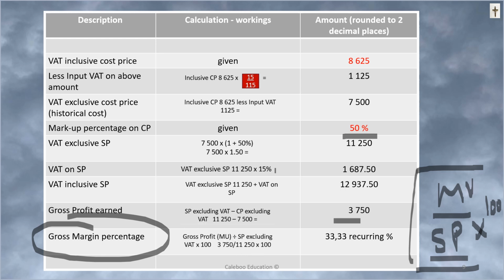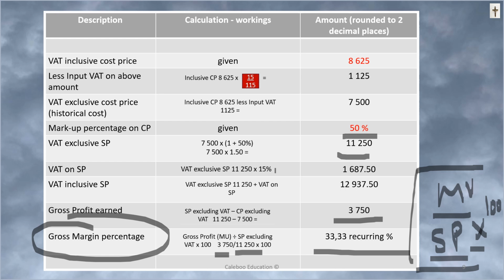So we've got 3,750 divided by the selling price of 11,250 multiplied by 100, and that gives you 33.33%. The 0.33 is recurring, so 0.33 goes on.